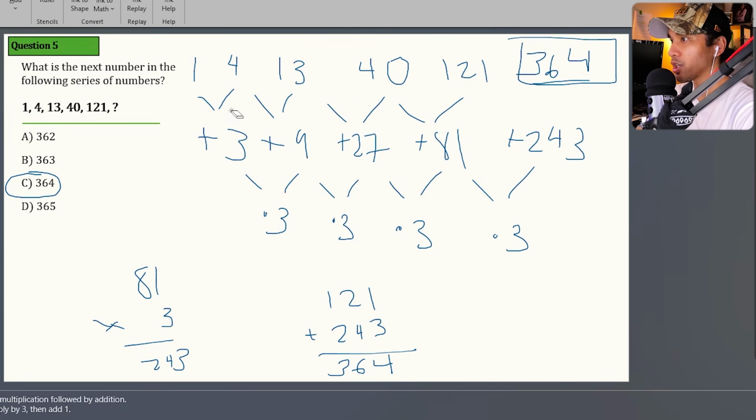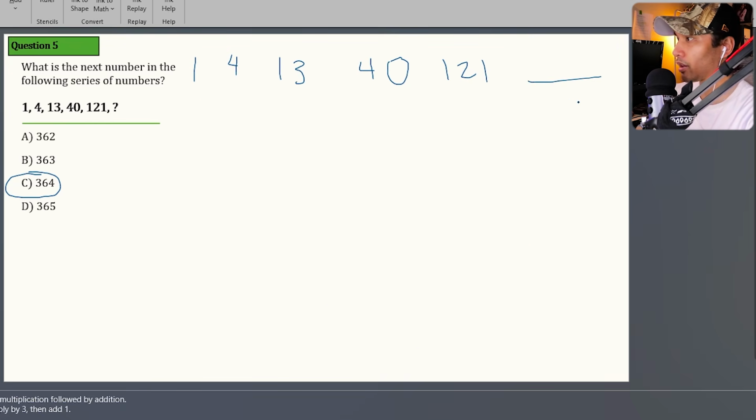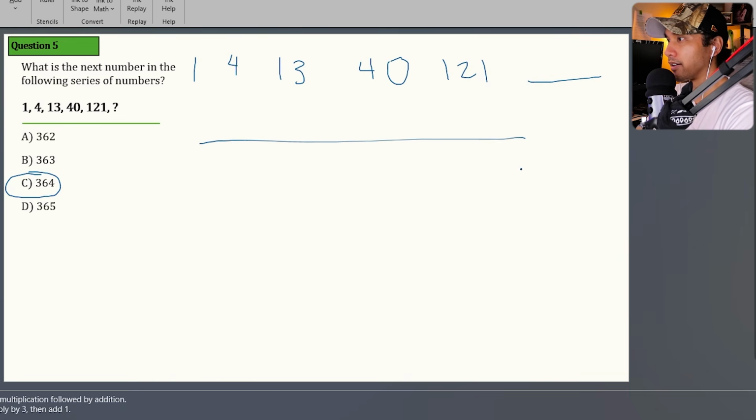Okay? But I'm going to show you another way. And this is kind of confusing. Okay? But you will encounter these type of problems where you're going to have two operations. Okay? Instead of finding the differences between the differences, you're just going to have two operations, which is just the first layer of the differences, not the second layer like we had previously where we multiplied by 3. Okay?